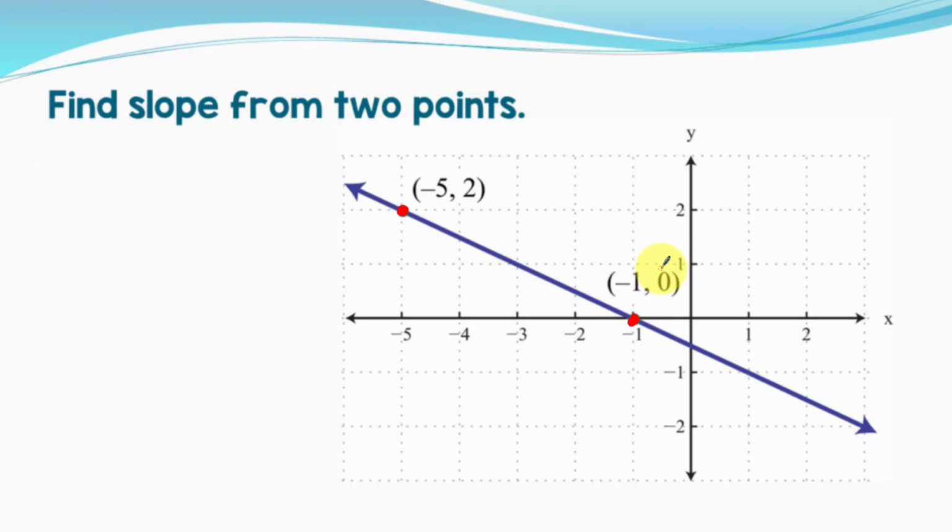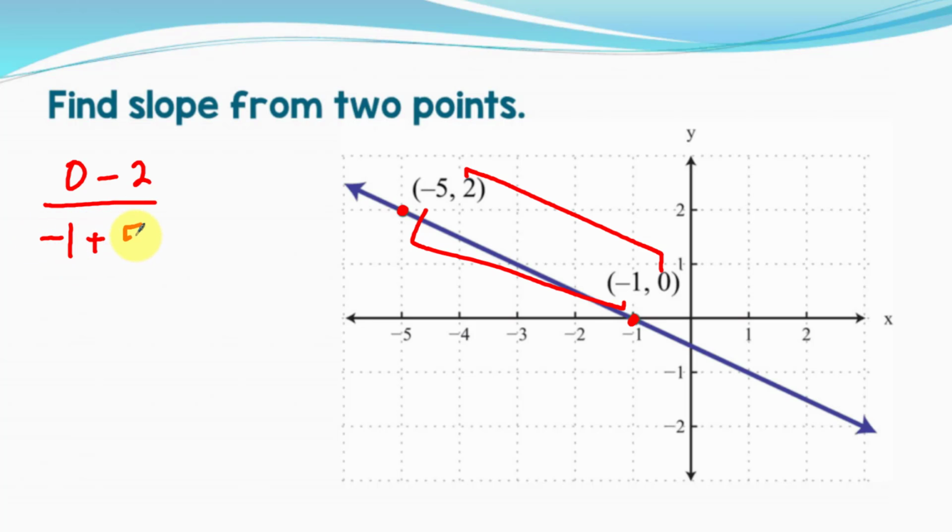So we're going to take the y minus the y, which is 0 minus 2, and then the x minus the x, which is going to be negative 1 minus a negative 5. Remember, when we subtract a negative, that's going to turn around and be positive. So here we go. Simplifying this fraction, we have negative 1 plus 5 is positive 4. Negative 2 over 4 reduces to negative 1/2. So that's the slope from 2 points calculated that way.